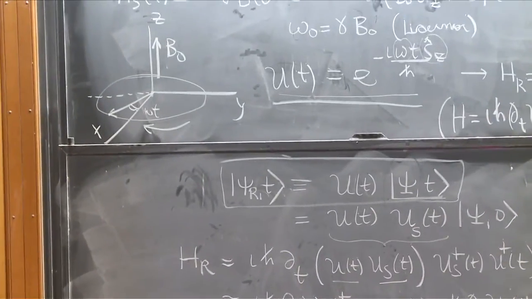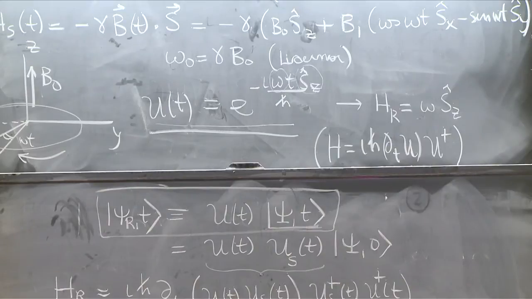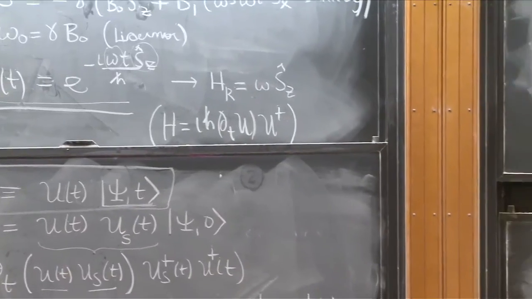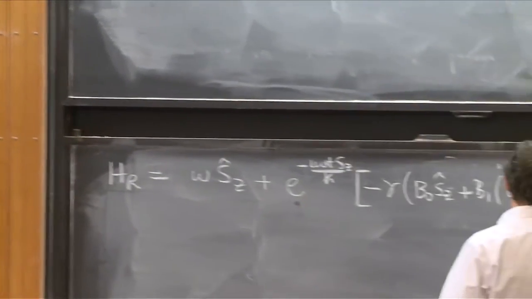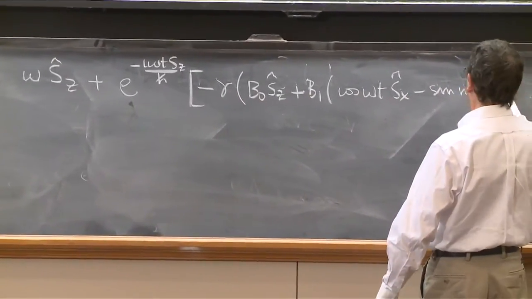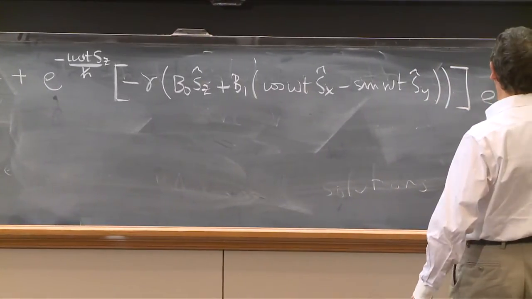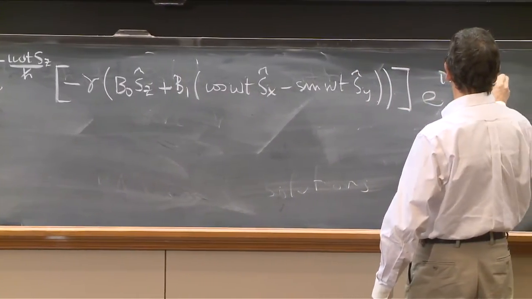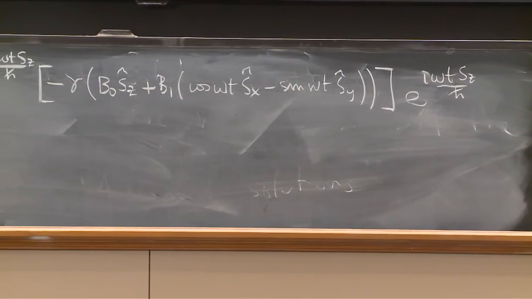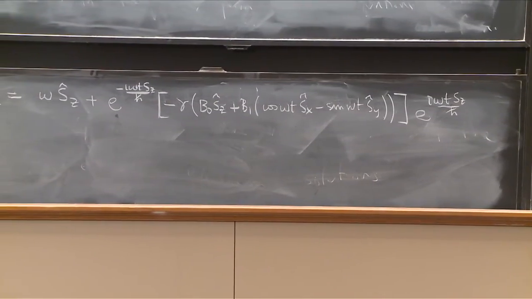So what is it? Minus gamma, big parenthesis, B0 Sz hat plus B1 cosine omega t Sx minus sine omega t Sy, like that, e to the i omega t Sz over h bar. Okay, that's supposed to be our new Hamiltonian, and unless it simplifies, we have not gained all that much.